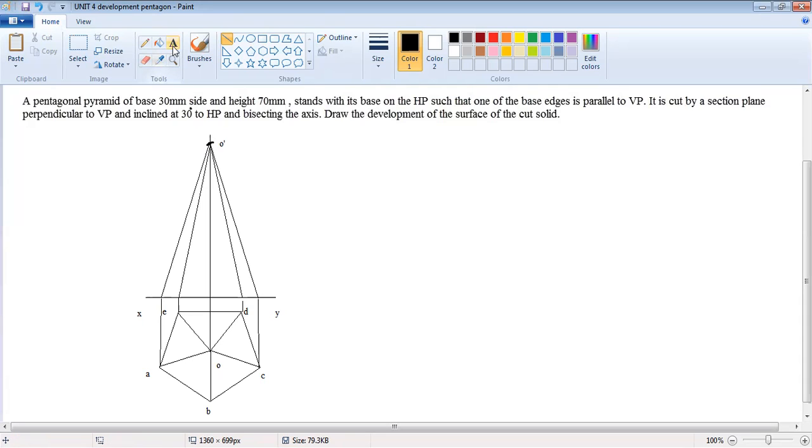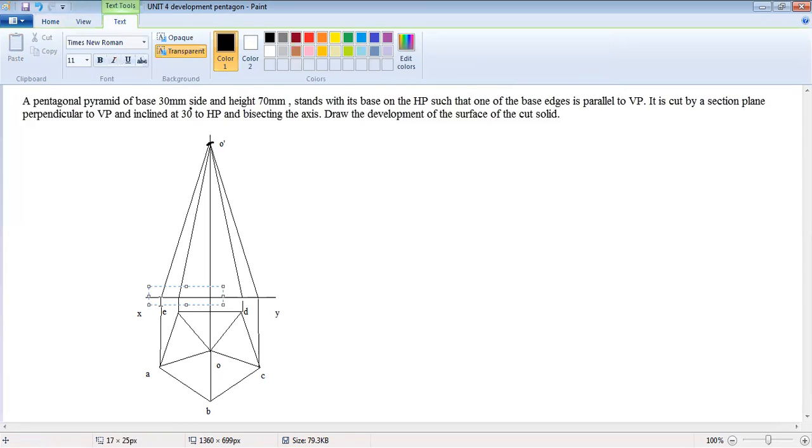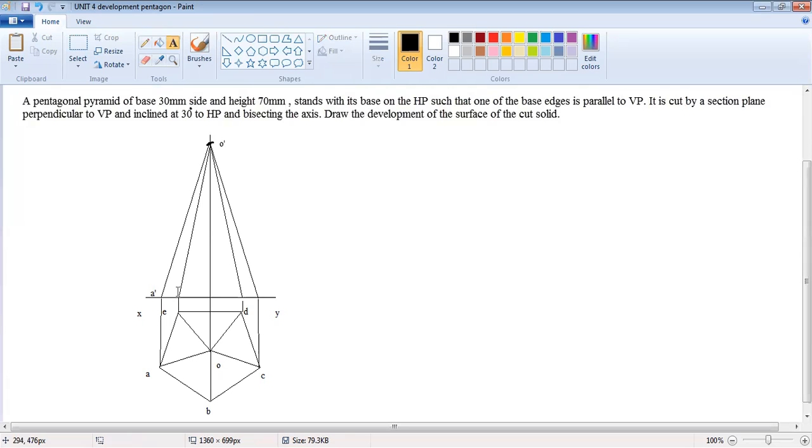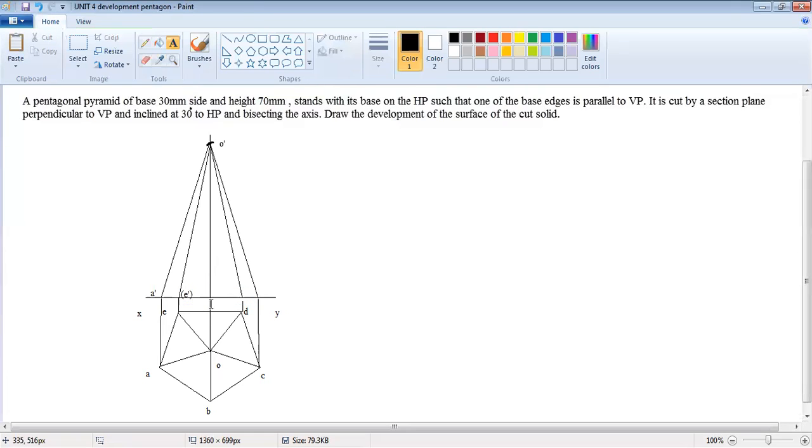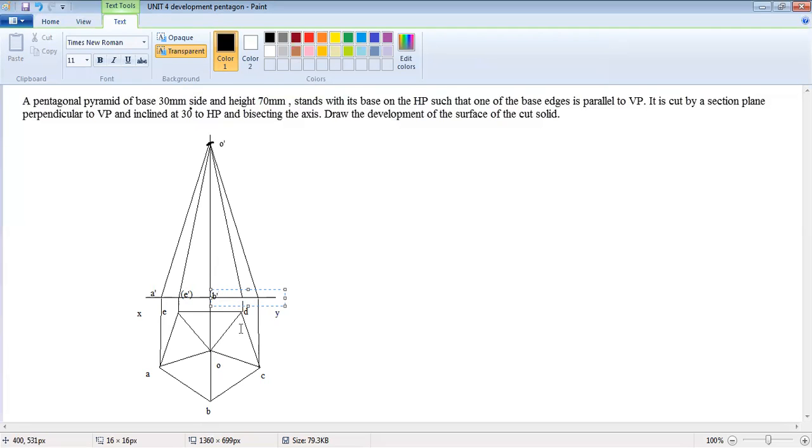Now name the base points in the front view. This one is D dash, and this one is E dash, but it is invisible when you look from the front, so we put it in bracket, and that line should be dotted.